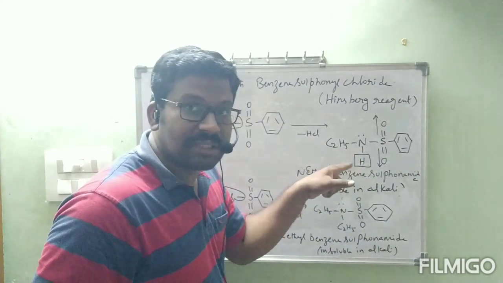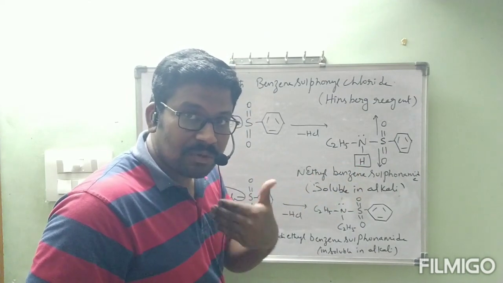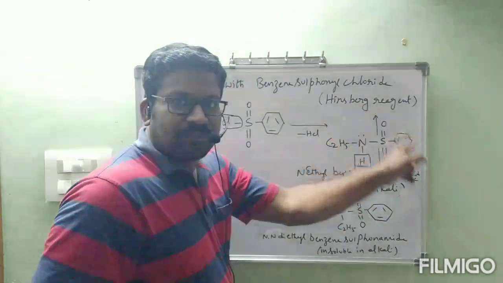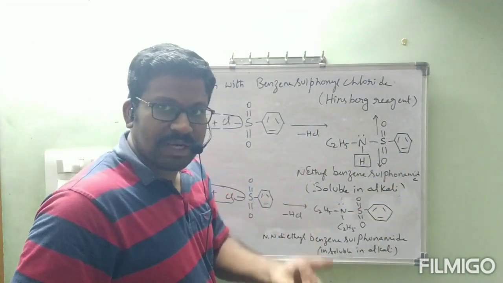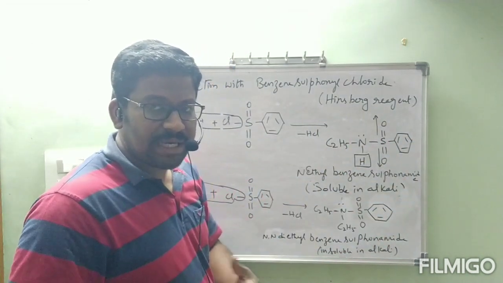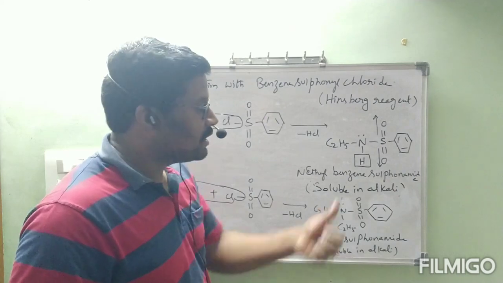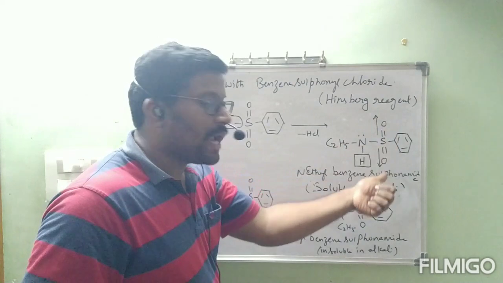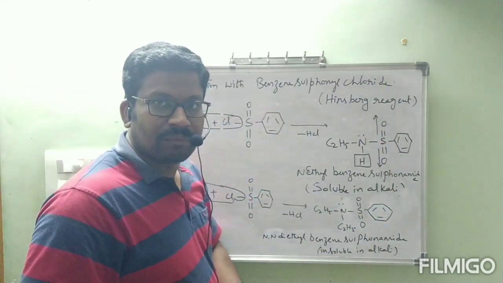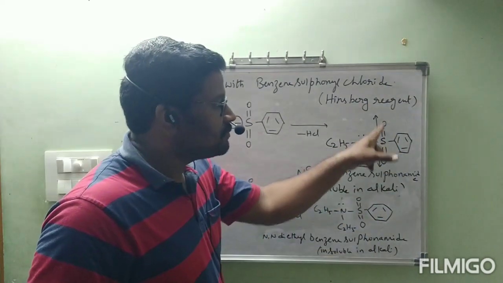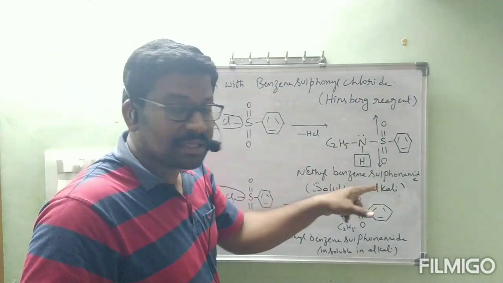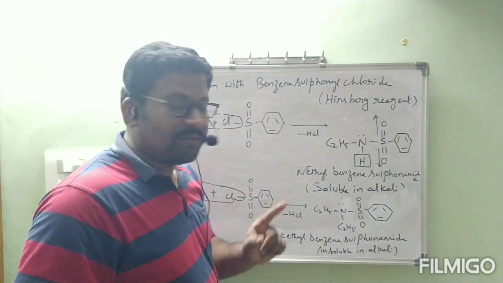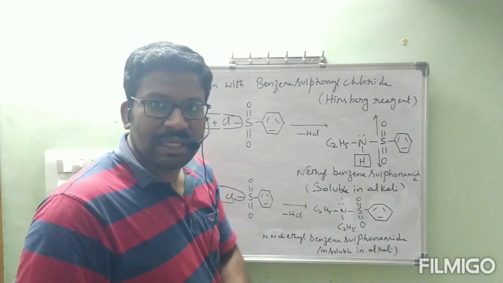Because of the presence of this hydrogen, as it is able to donate H+, it is acting like an acid. Why is it able to donate H+? Because nitrogen is bonded to sulfur, which is bonded to two highly electronegative atoms, and nitrogen contains H. That hydrogen bonded to nitrogen can be given out easily.